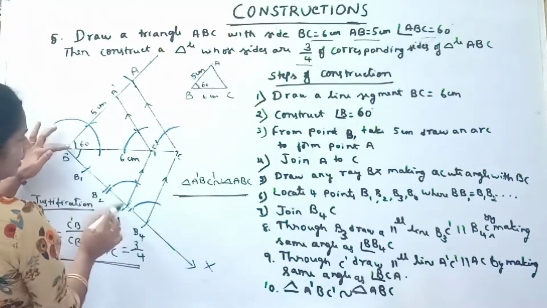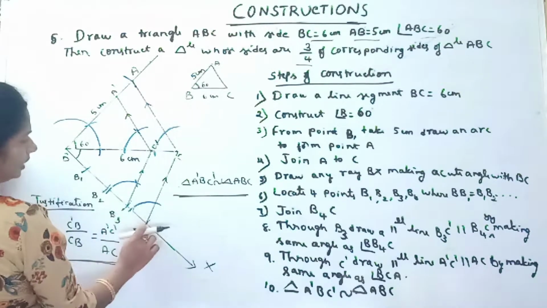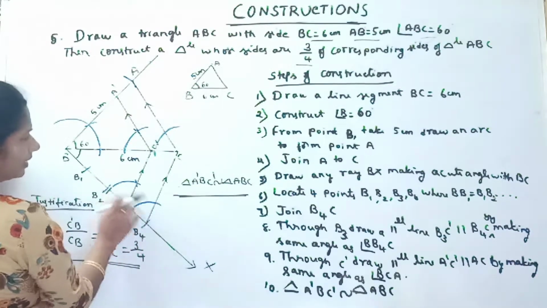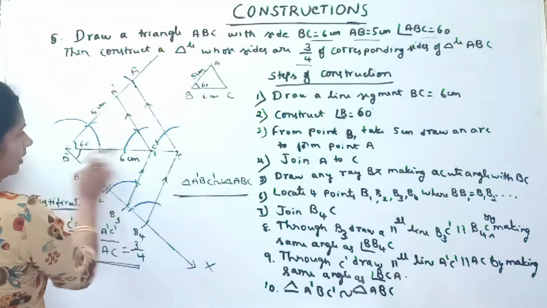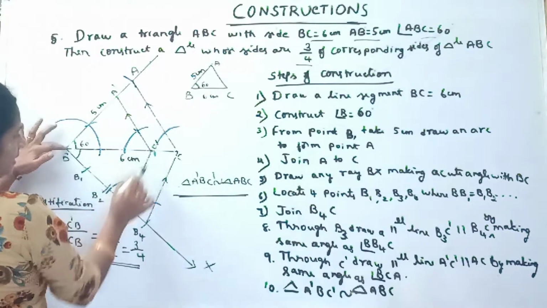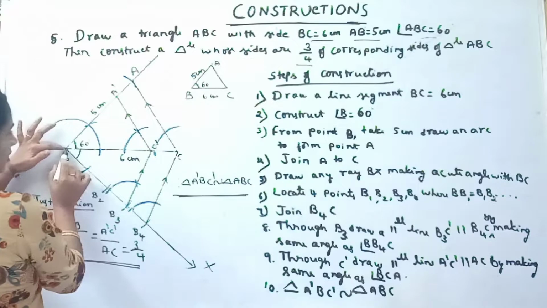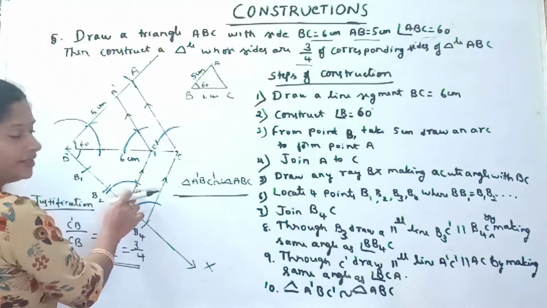Now similarly you take 2 triangles B C B4 and B C dash B3. In these 2 triangles also, angle B3 equal to angle B4. They are corresponding angles. Angle B equal to angle B, common angle for both the triangles. Now you can prove that triangle B C dash B3 is similar to triangle B C B4 by the AA similarity criterion.